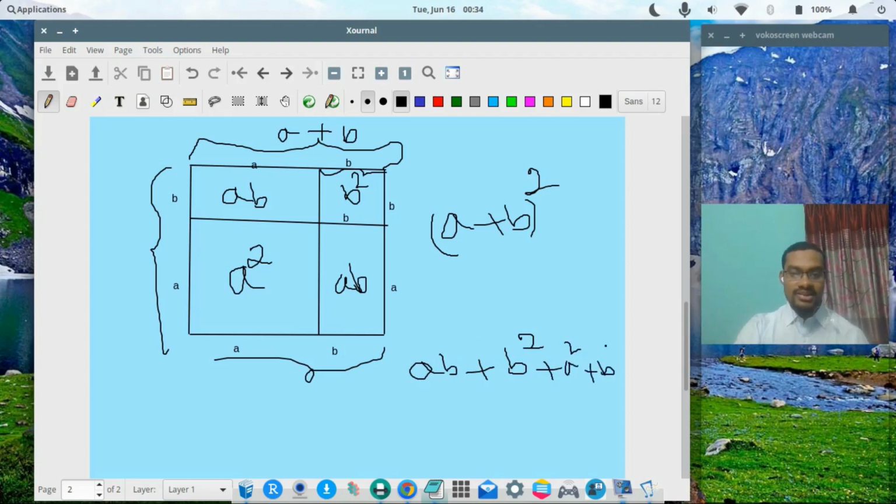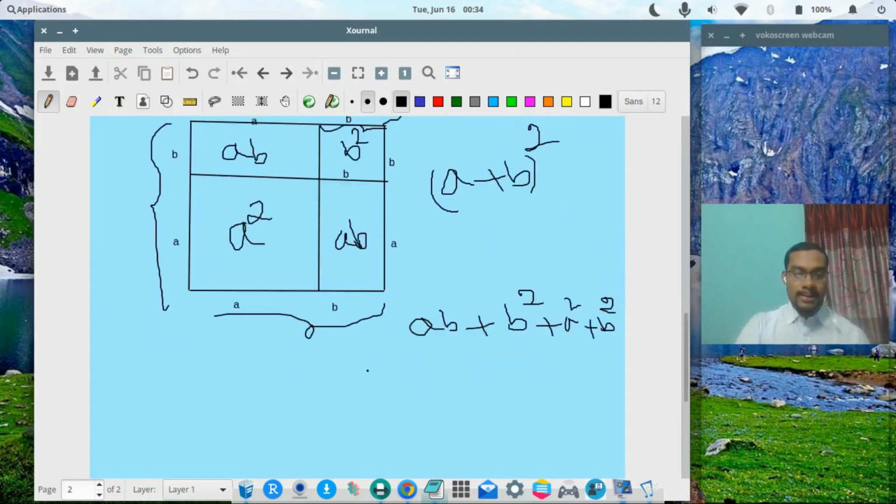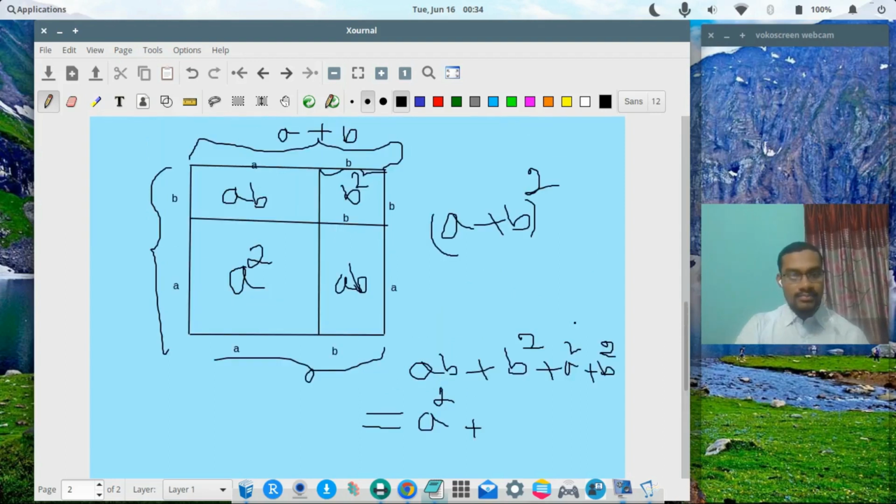Now if we arrange them in descending order of powers and alphabets, we have a² plus, there are two ab's, this ab and this ab, so twice ab, then finally b².